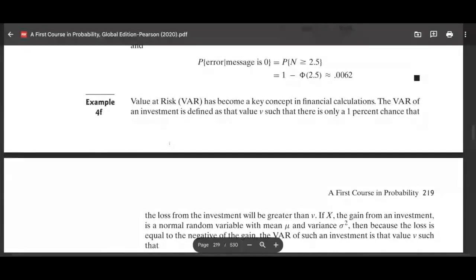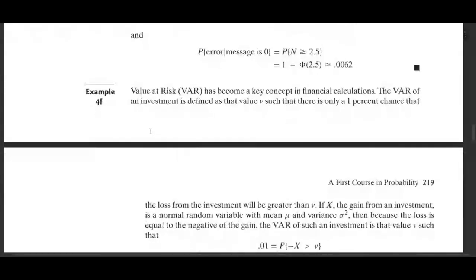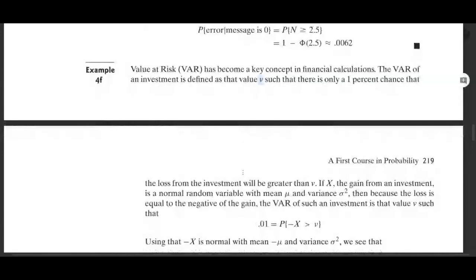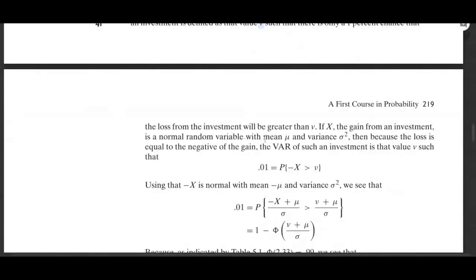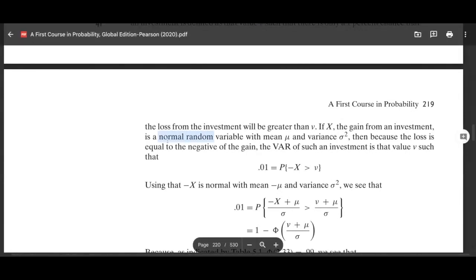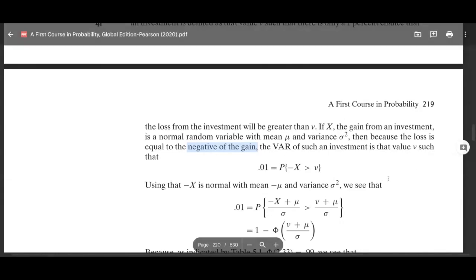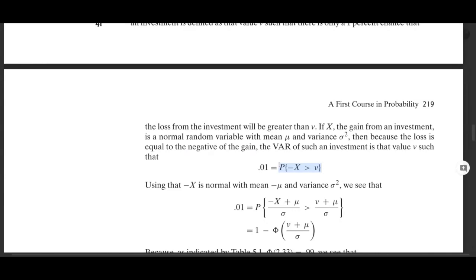The VAR of an investment is defined as the value V such that there is only a 1% chance that the loss from the investment will be greater than V. If X, the gain from an investment, is a normal random variable with mean mu and variance sigma square, then because the loss is equal to the negative of the gain, the VAR of such an investment is the value such that 0.01 equals the probability of negative X greater than VAR.